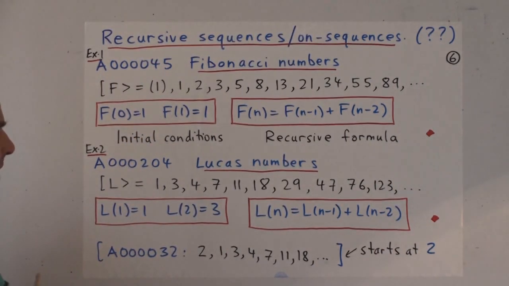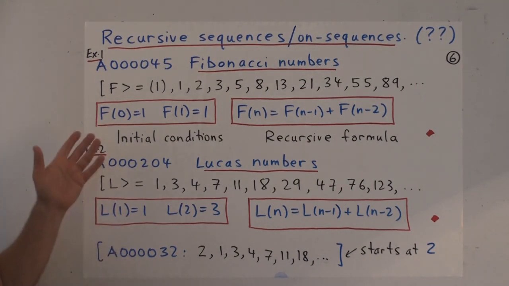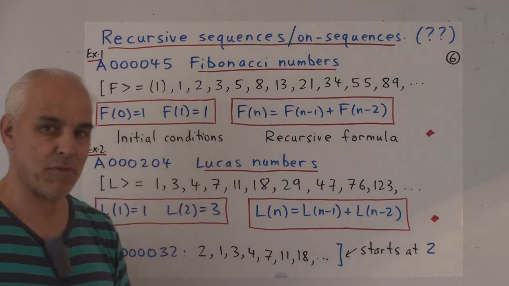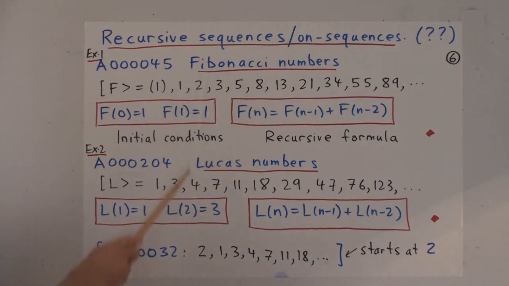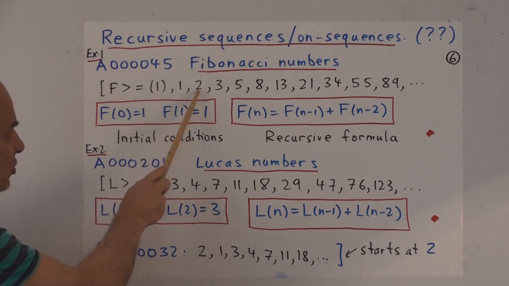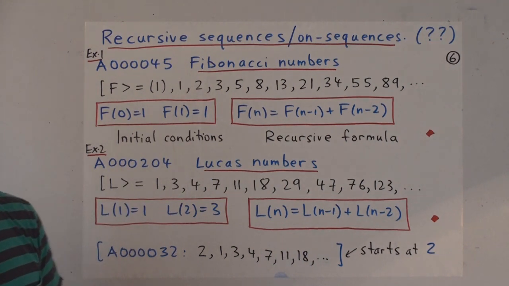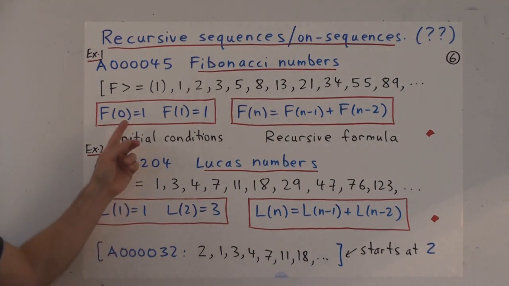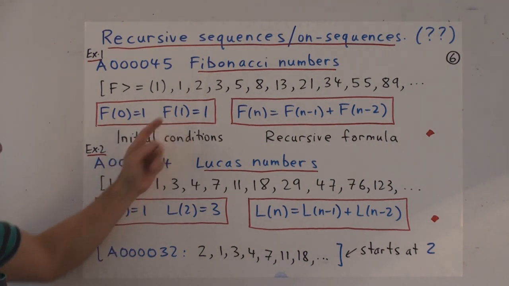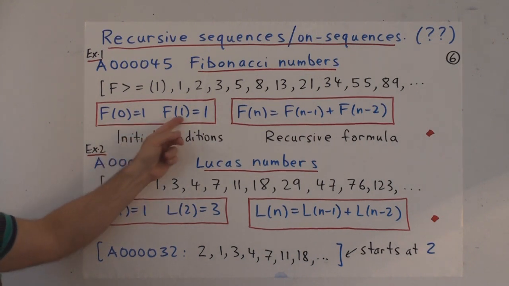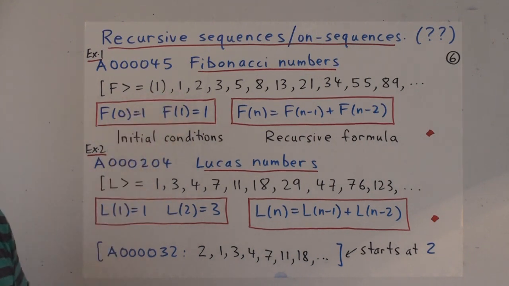All right, let's start with some examples here. There are some well-known on sequences of this kind that you'll probably be very familiar with. The Fibonacci numbers are the most prominent. They're given by the sequence 1, 1, 2, 3, 5, where every element is the sum of the two previous ones. And we also have to say that the initial elements, which Sloan starts with 0 and 1, are themselves 0 and 1.